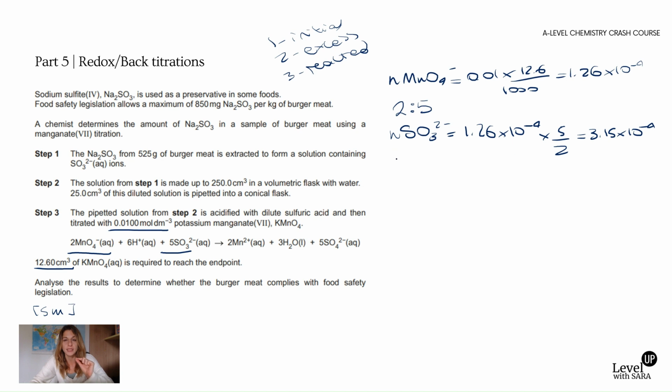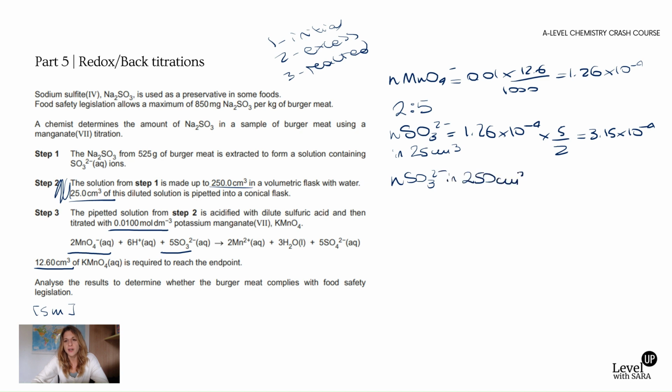Ask yourself always, get used to it, in which volume is it? It's in 25 centimeters cubed. That's why, as you do one calculation, keep an eye on the text, because here, look, this is really important: 25, 250. So we can find the moles of SO3 2 minus in 250.